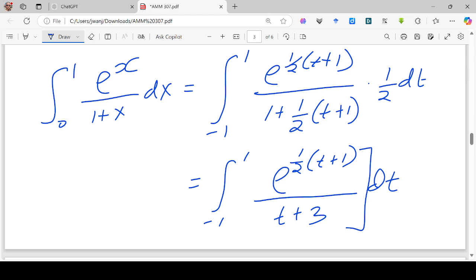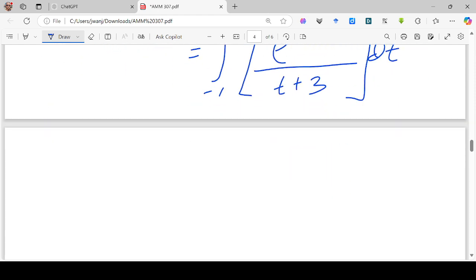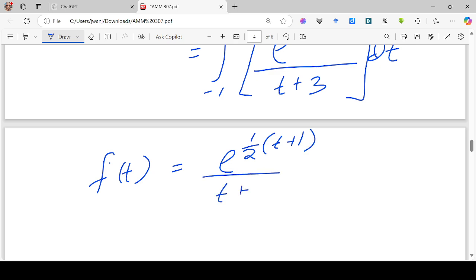So our function f(t) now is this one: e raised to power 1 over 2 times (t plus 1) divided by (t plus 3).